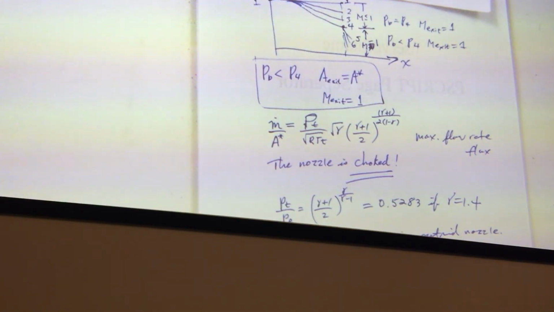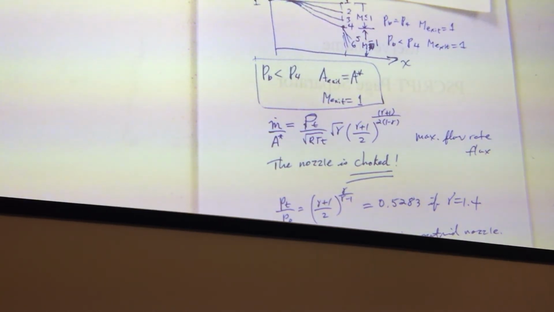In a sense, there's a waste. You can still harness that expansion by adding a divergent section to it. And that's exactly what we will do in our next lecture. We will add a divergent section to harness it.